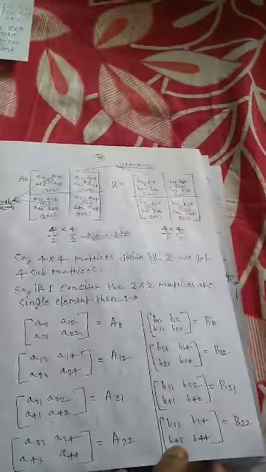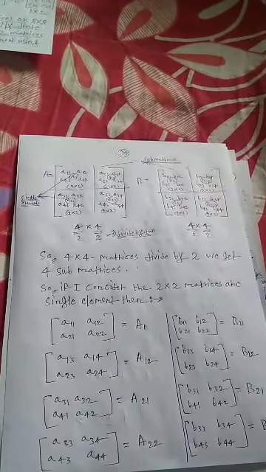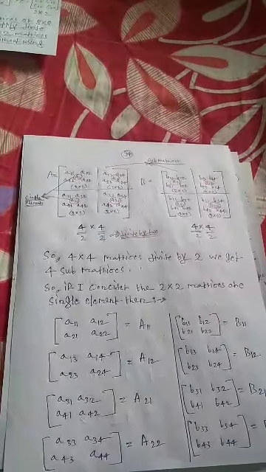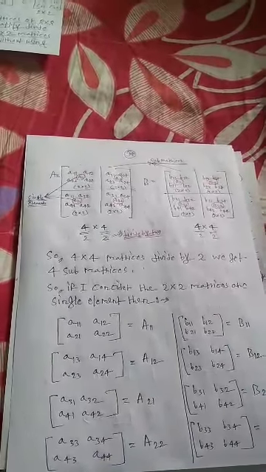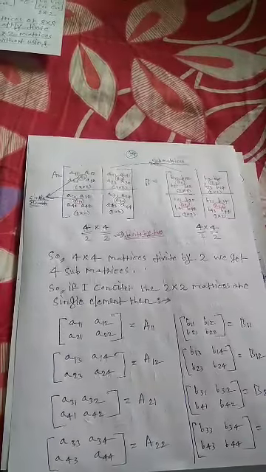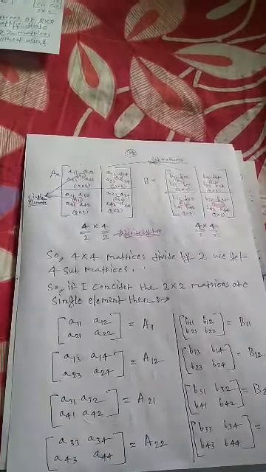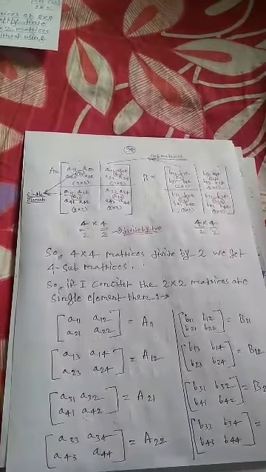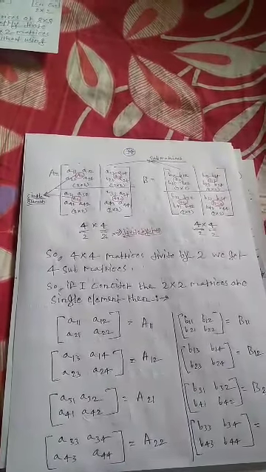So here we take a 4 into 4 matrix to explain the example. A is a 4 into 4 matrix, which will have 4 parts, and B will also have 4 parts. So we can apply divide and conquer rules. At first the 4 into 4 matrix will be divided by 2, so we get 4 submatrices.